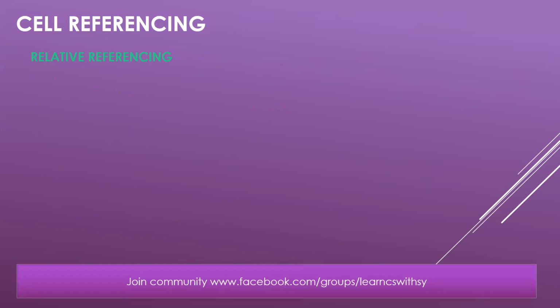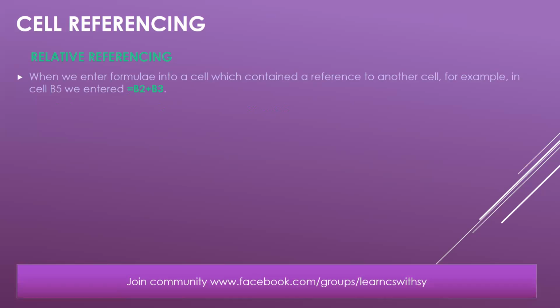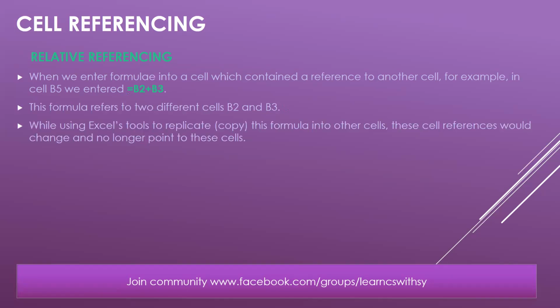But what happens in Excel, if you have typed a formula in one cell and you perform copy and paste, then the formula references change. And that should happen definitely. For example, if you have entered in cell B5 a formula like equals B2 plus B3, and you have copied the same formula down to B6, what should happen? Should the reference change or should it still pinpoint to the same?